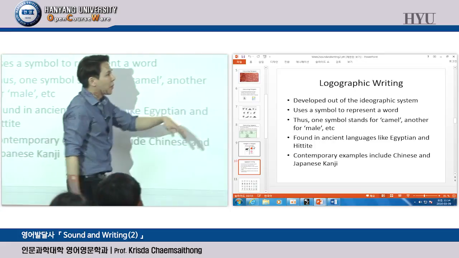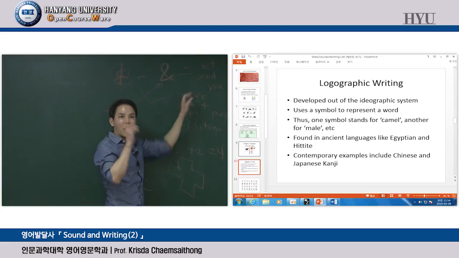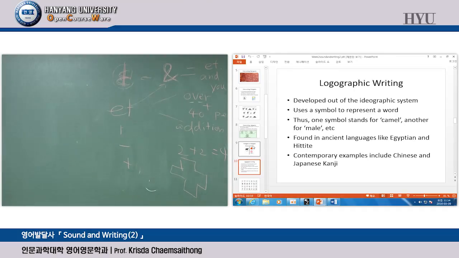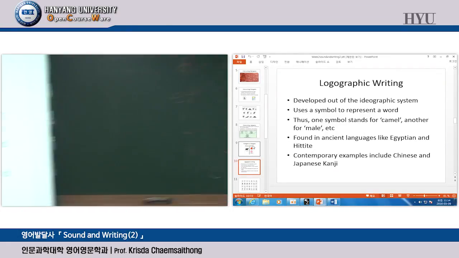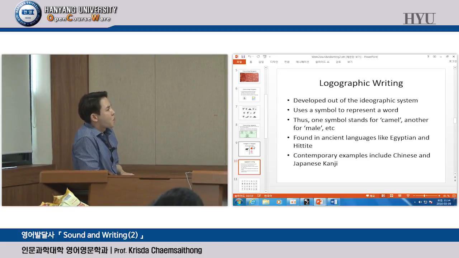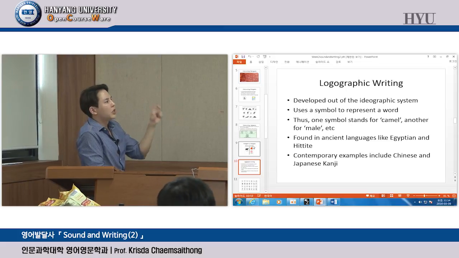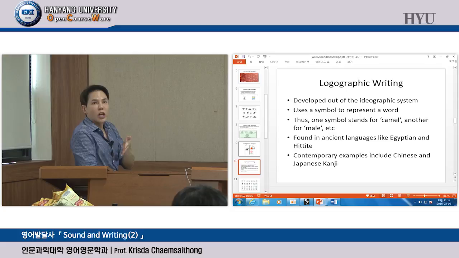Just like this one. In English, it represents the word and only one, right? So in this case, it's true writing because you use one symbol to represent one word rather than a concept.